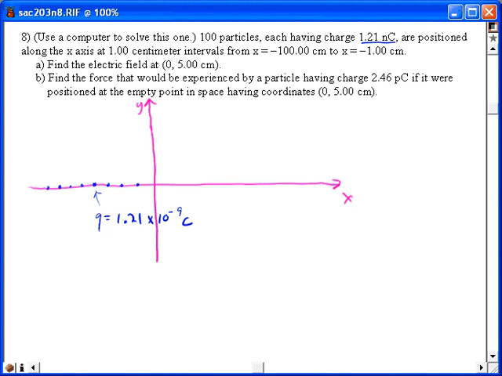And what we're interested in is the effect of all these charged particles at position (0, 5 centimeters). So let's call it right up there. That empty point in space up there is (0, 5 centimeters). Each one of them is contributing to the electric field at that location.